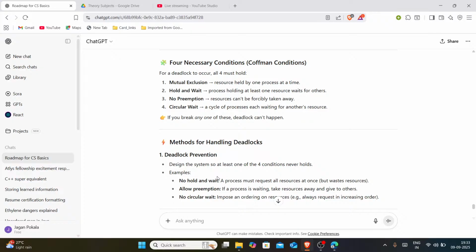No preemption: a resource cannot be taken away. Circular wait.